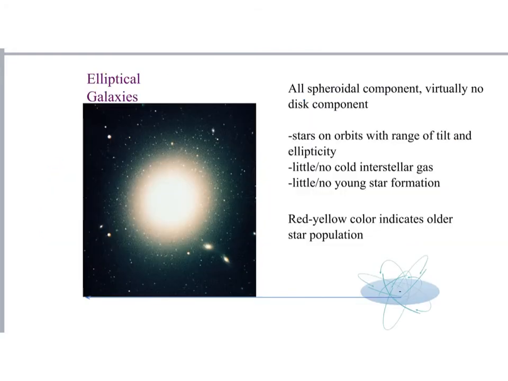Okay, so we talked about the spiral galaxies, but remember, there are different types, okay? There are the elliptical galaxies, and this is a beautiful one. It's a very massive galaxy. Just as a reminder, right? This is the light that we see in these galaxies. It's coming from these stars that have quite a range of tilt and ellipticities, all kinds of orientations of the orbits.